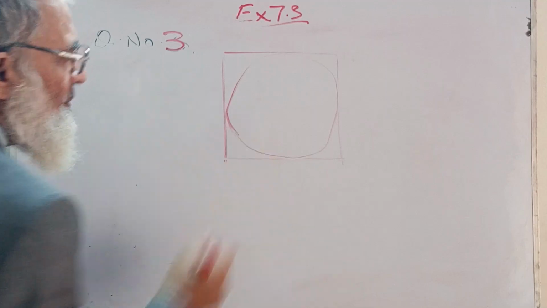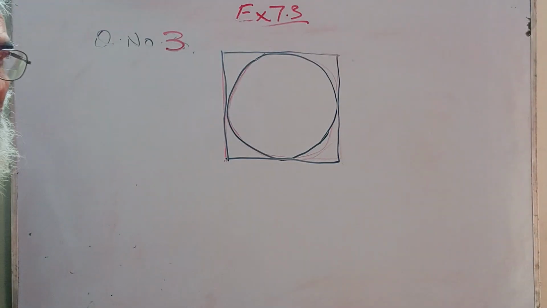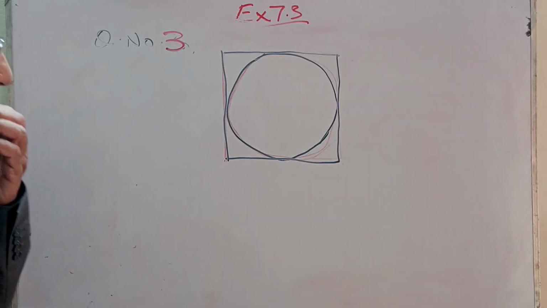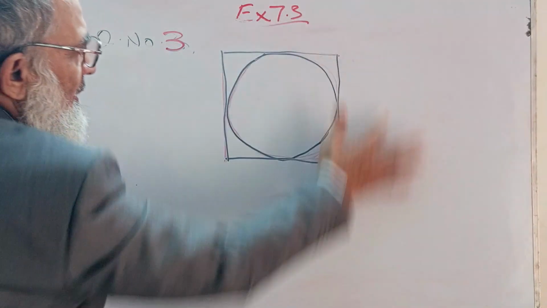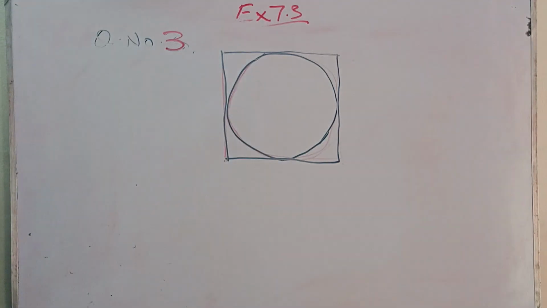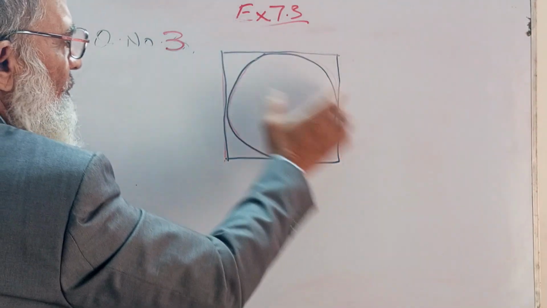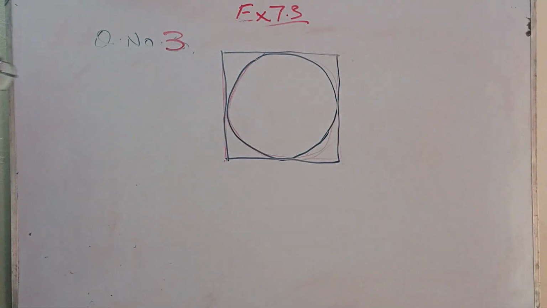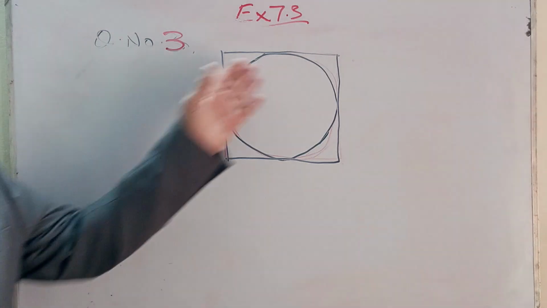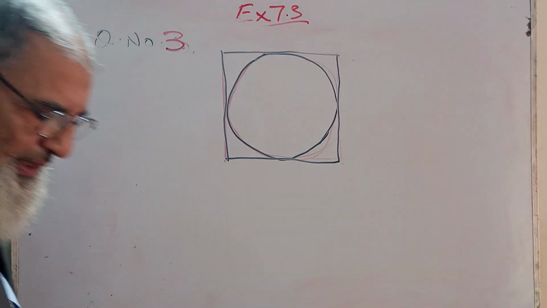You know what is an inscribed circle? This is a square piece of metal and we have cut this circle from this piece very precisely, so that each of the sides is touching the circle, or it is inscribed.